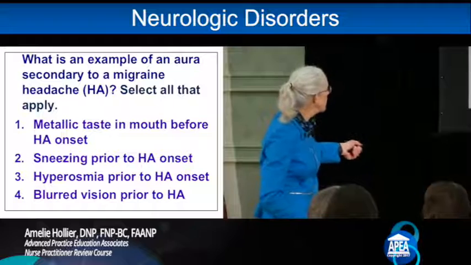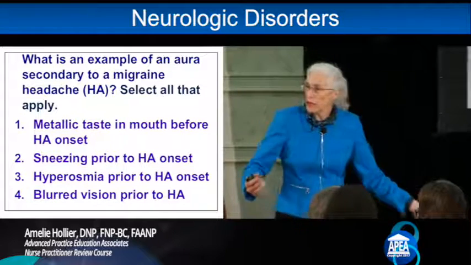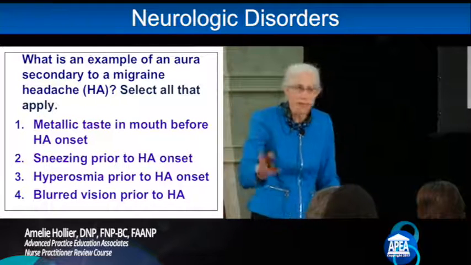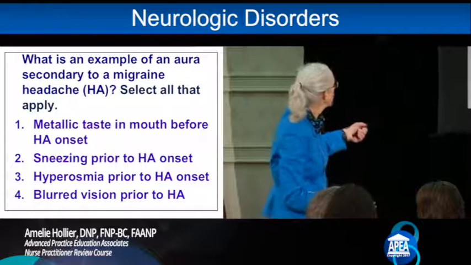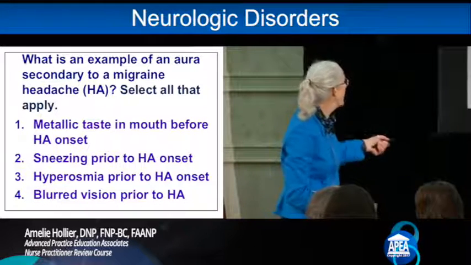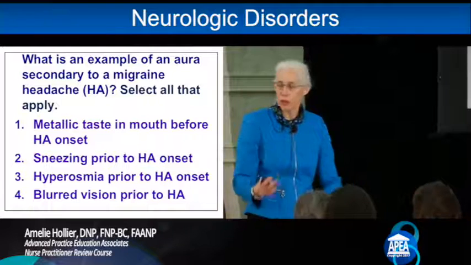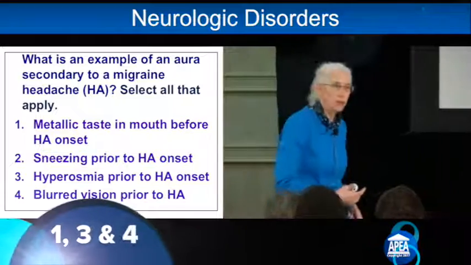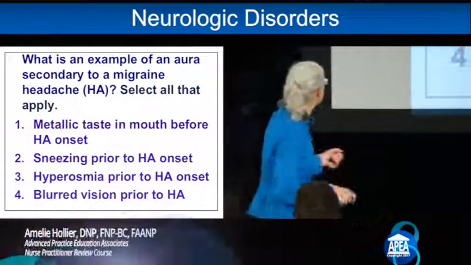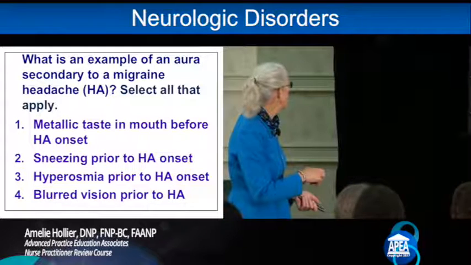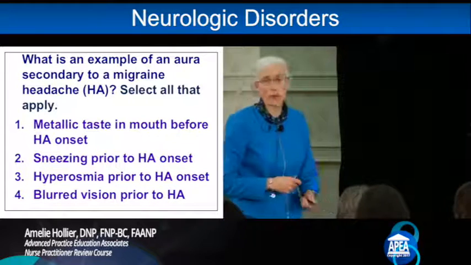They have a smell. They have blurred vision. They have scotomas. Those are all examples of auras secondary to migraine headache. Which one is not? Not sneezing, right? So number 1, number 3, and number 4, those you should circle. Those are all examples of aura. What's an example of an aura? 1, 3, and 4. Everybody with me?